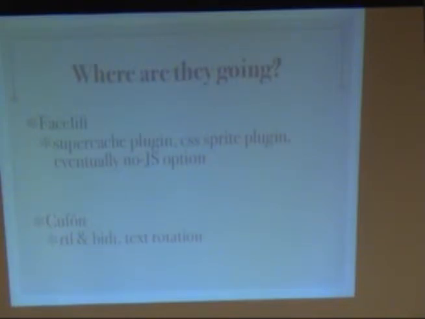With the CSS sprite plugin, it just creates one single big image with all the text, and then just uses CSS background positioning and lines it up and puts it where it needs to be. I've used a beta of that, and it works pretty well. The image itself is generated dynamically? Yep. Yeah, it uses GD on the back end. You can also use ImageMagick, which I have examples of.